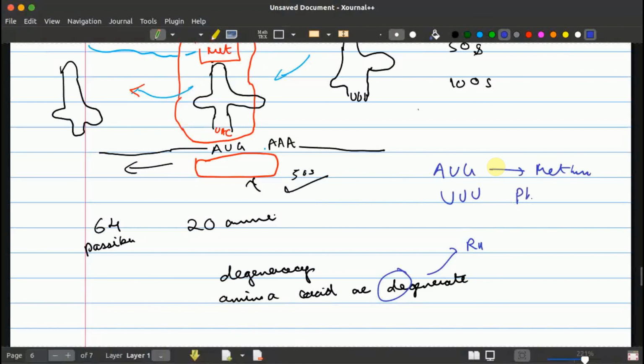UUU will always give you PHE. What is PHE? Phenylalanine. It doesn't matter whether it's bacteria or human or jellyfish or money plant, anything. Everyone will code the same proteins for the same codon.